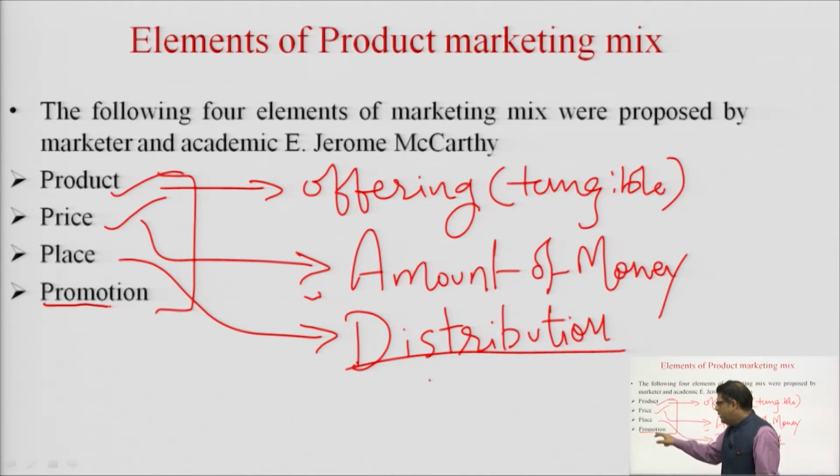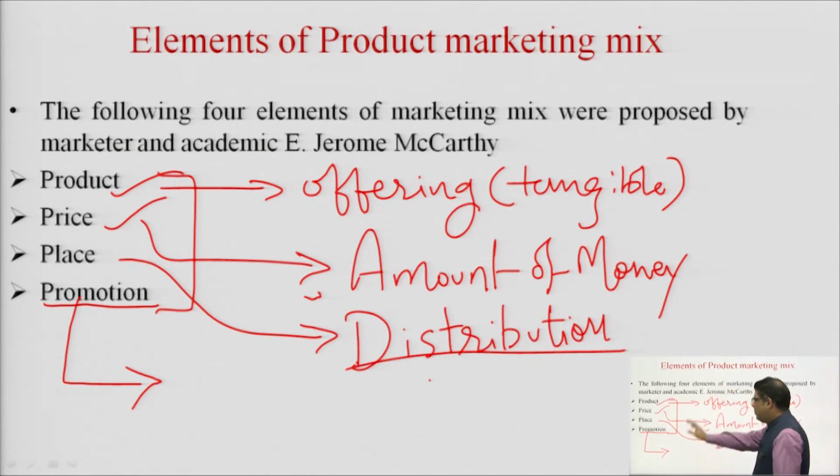Coming to promotion, this is the fourth element of the marketing mix in case of a product. Promotion is to promote the product or to make the consumers aware about the product. Any product which is being launched into the market is not known by the people.